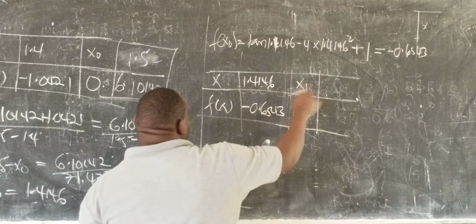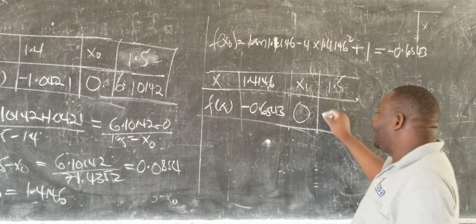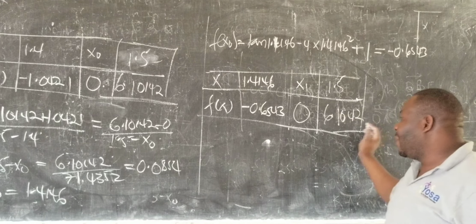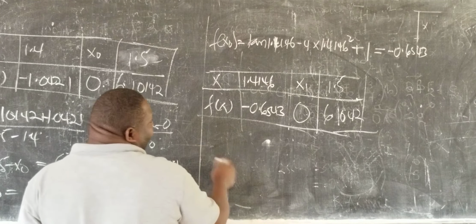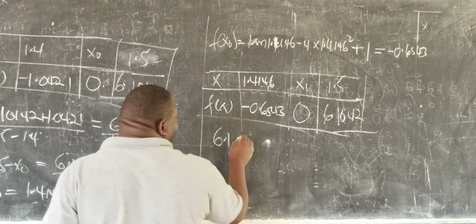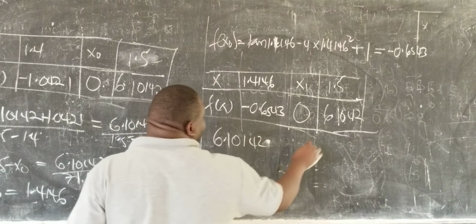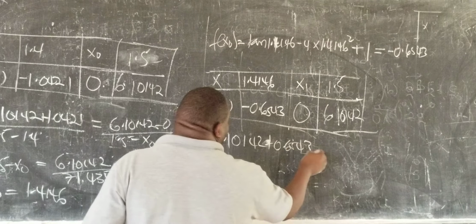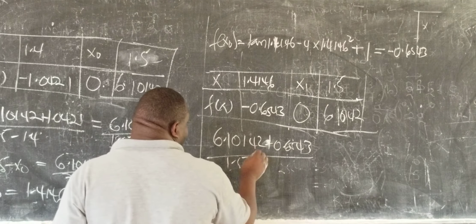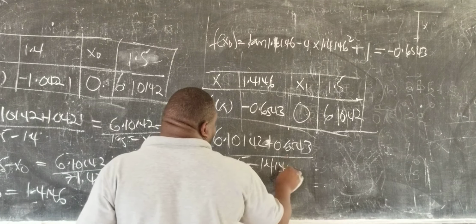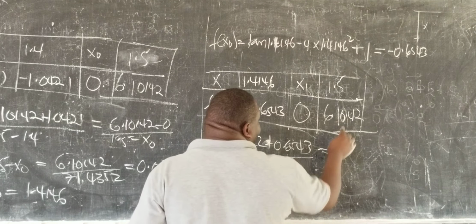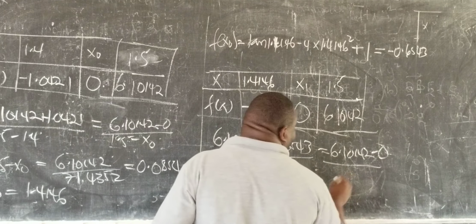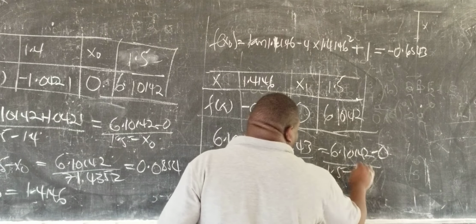Then you write the upper boundary, which is 1.5, with f of x 6.1042. Then we use the same method of the gradient, change in y over change in x. So it's 6.1042 plus 0.6543 over change in x, which is 1.5 minus 1.4146, equals the change in y, 6.1042 minus 0, over the change in x, which is 1.5 minus x1.